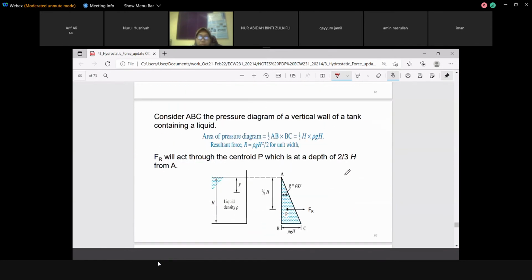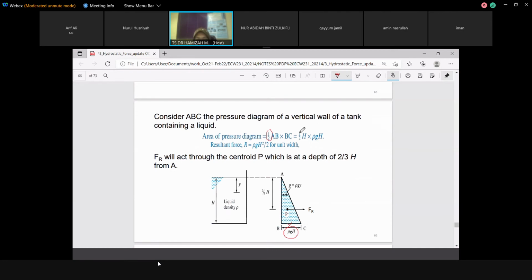Okay, so it is triangle, so we use half, 1/2, darab AB ialah tinggi times the BC ialah tapak dia. Okay, so you can see from this one, BC kita ada rho GH, sebab BC, we measure the pressure at the bottom.